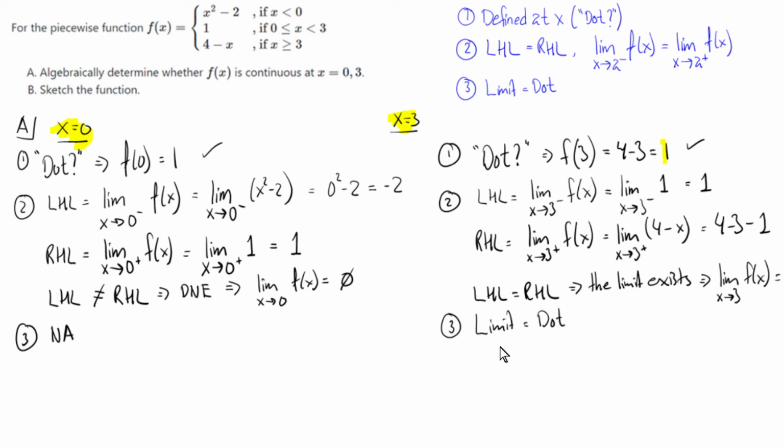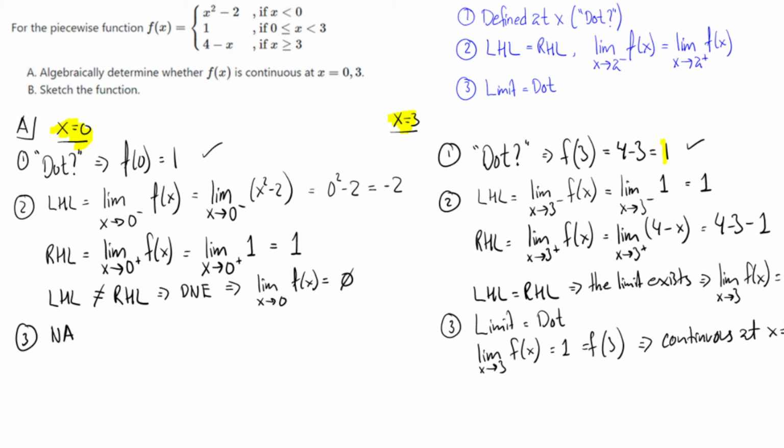Okay, and we can also write this as the limit as x tends to 3 of f of x equals 1, which is equal to f of 3. That was the dot, right? And so what this means mathematically is that the function is continuous at x equals 3.